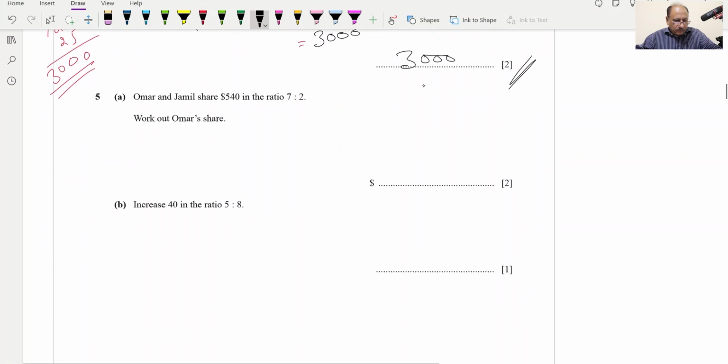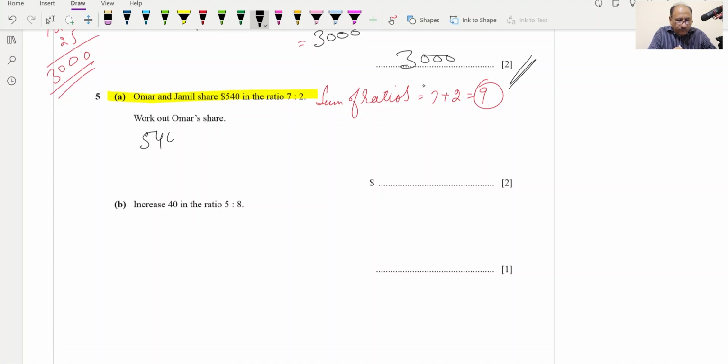Question number 5A part. 5A part says Umar and Jamil share $514 ratio of 7 ratio 2. Work out Umar's share. So we can check for the sum of ratios, and sum of ratios is equal to 7 plus 2, which is equal to 9, and we can divide 540 amount into 9 parts, and this will be after cancellation 9 6 are 54 and 0, so it will be equal to 60.